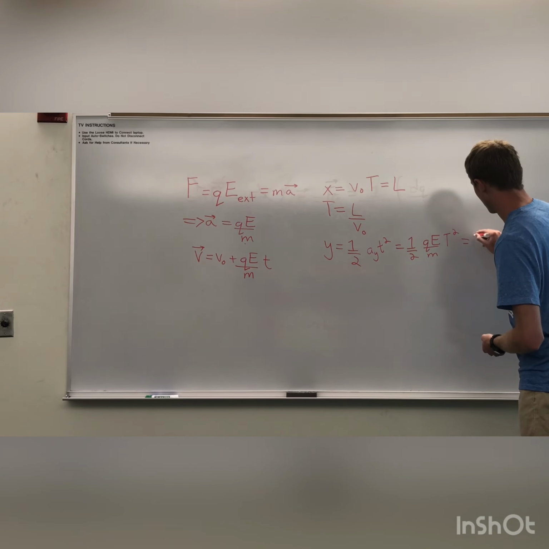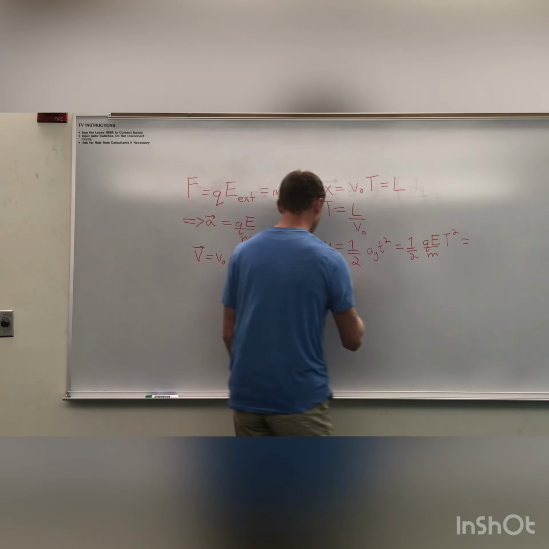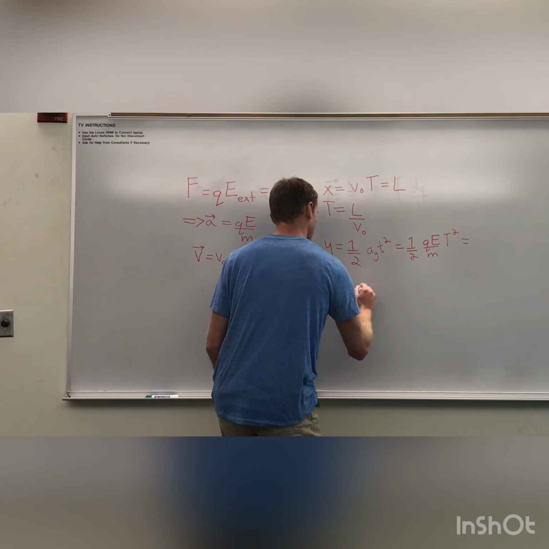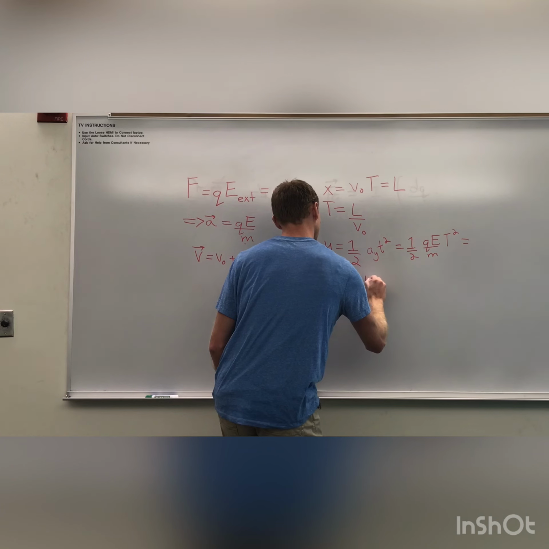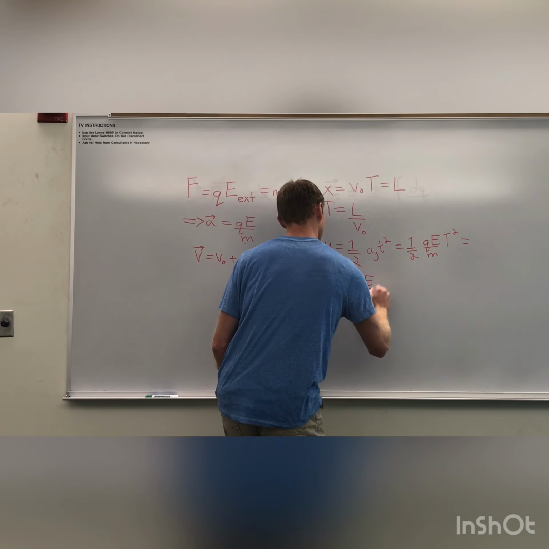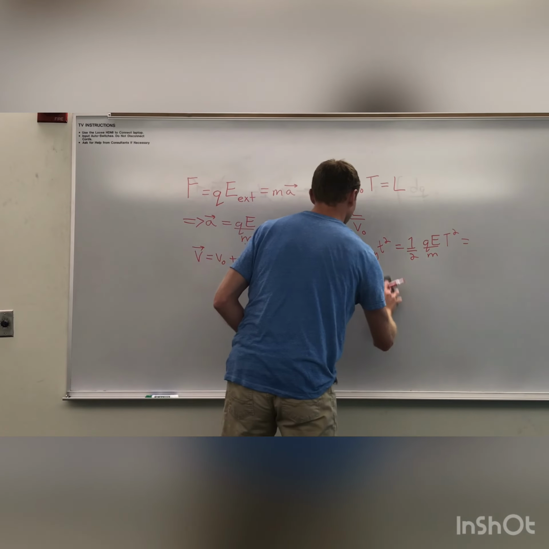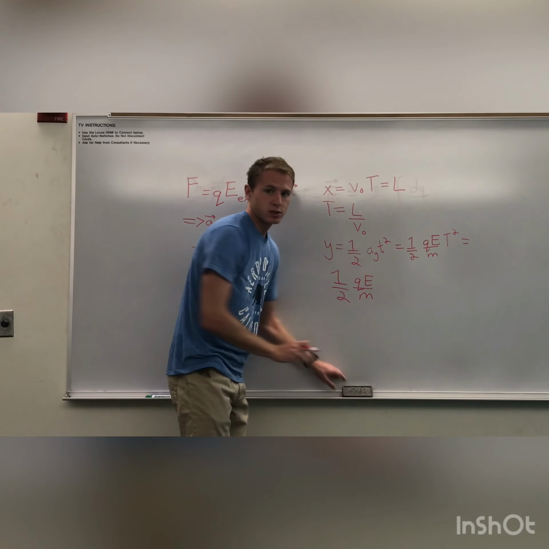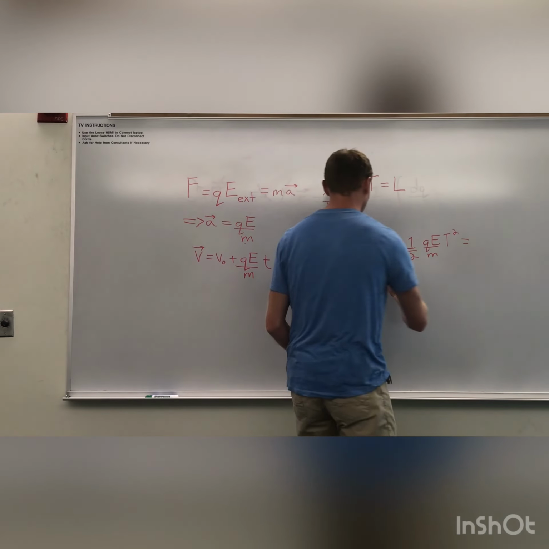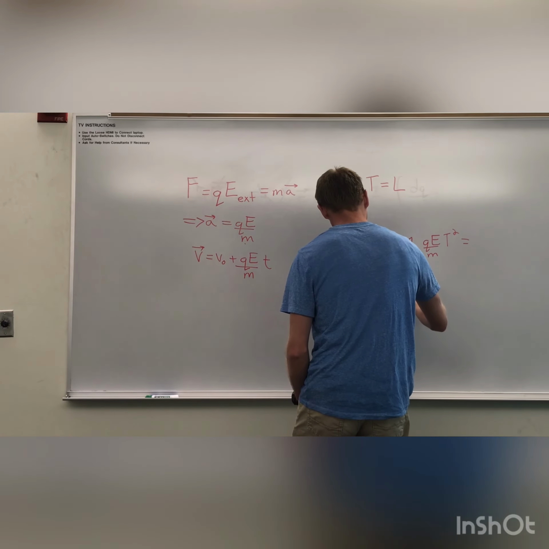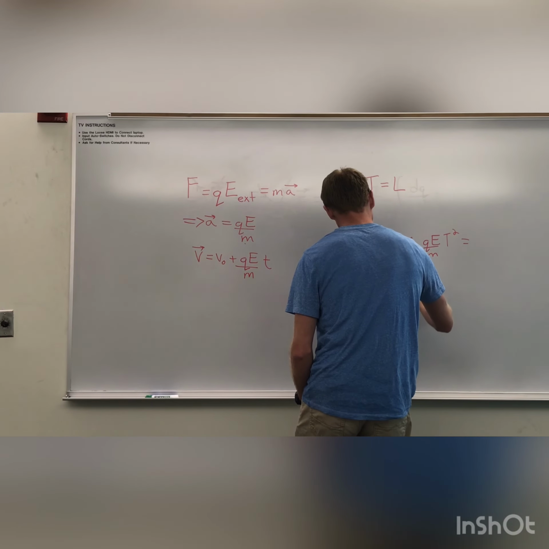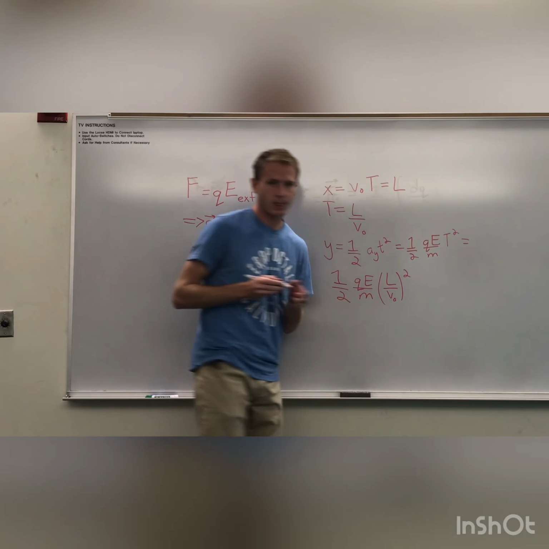So we get 1/2 Q E divided by m times L over v naught squared. So we can put this whole thing as L divided by v naught squared.